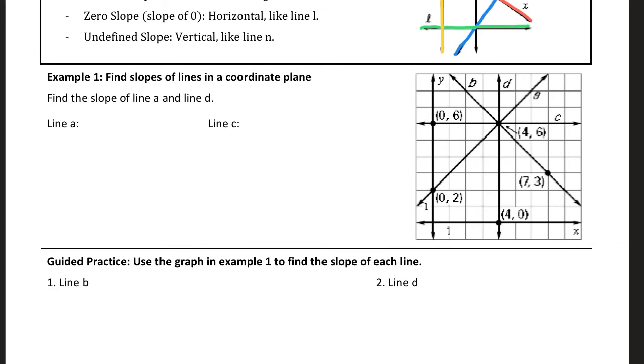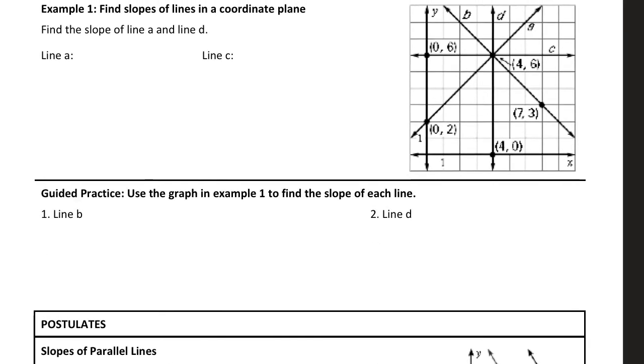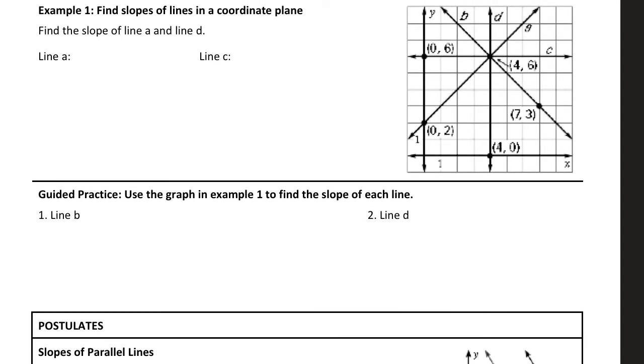So if we are going to find slope in the coordinate plane, I want to find the slope of line A. So I'm going to use red to do that. So that's this line right here. And this line contains the point (4, 6) and the point (0, 2). So if you remember from last year, slope is y2 minus y1 over x2 minus x1.